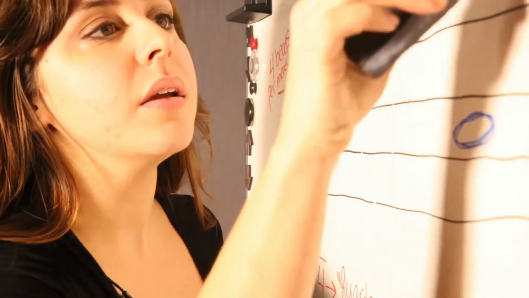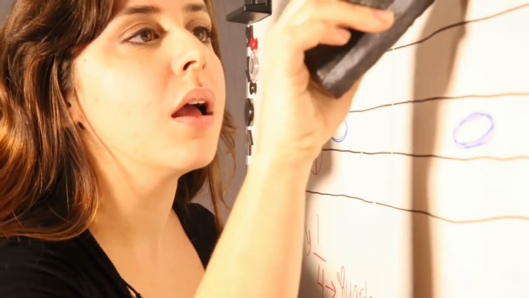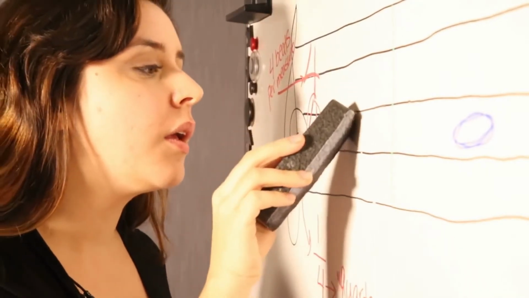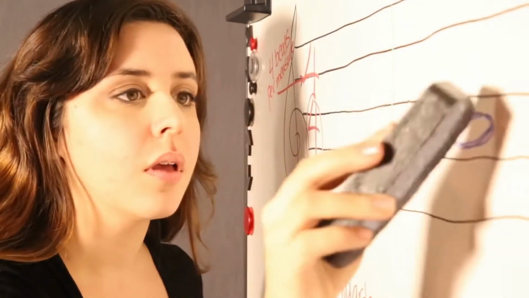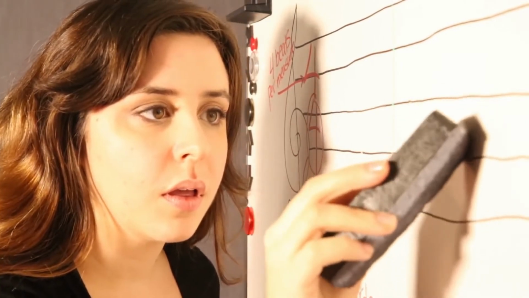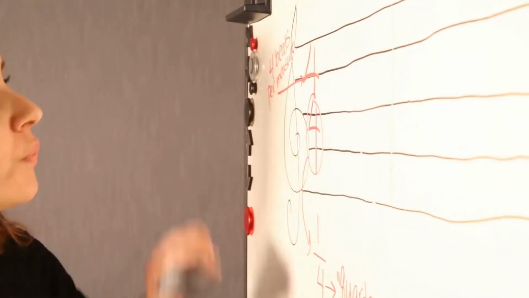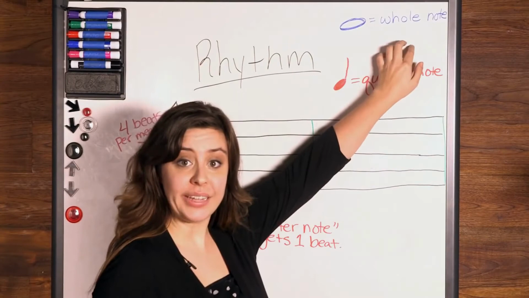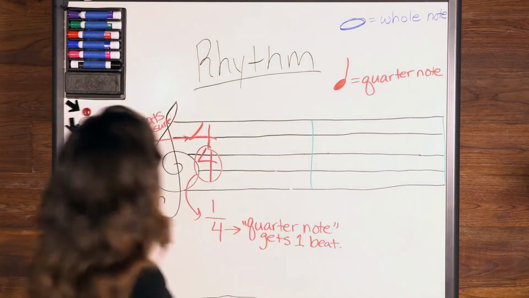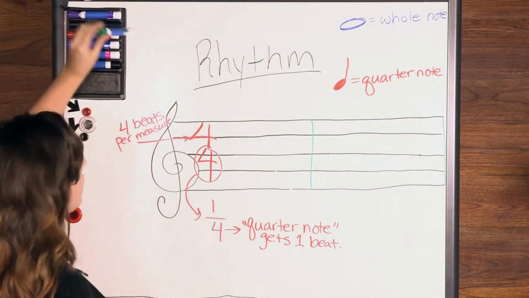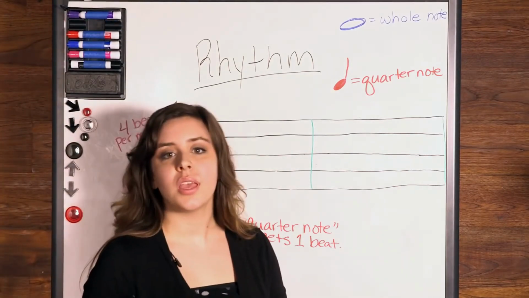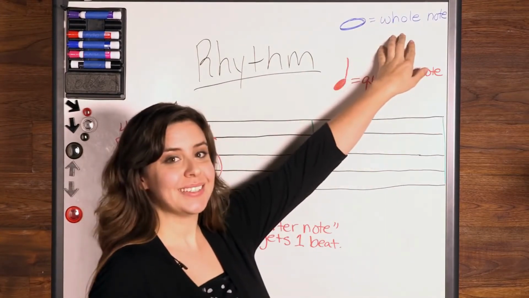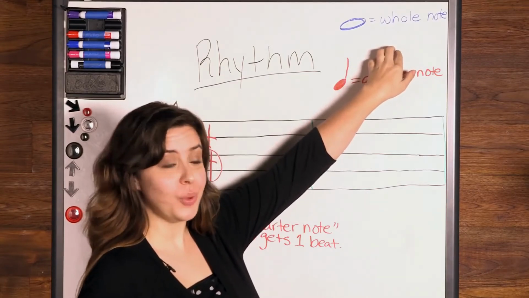I'm going to erase this little guy here, and this little guy right here. Good. Now, the next note, which I'm going to be putting right in here, is going to be, you can take a guess. If there's a quarter note and a whole note, in between them must be a half note.